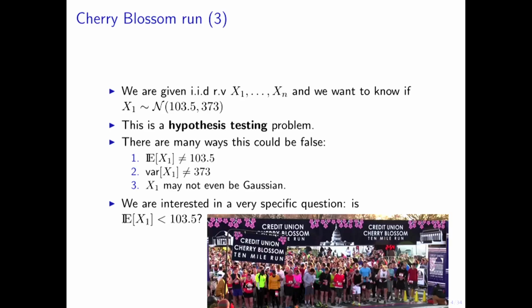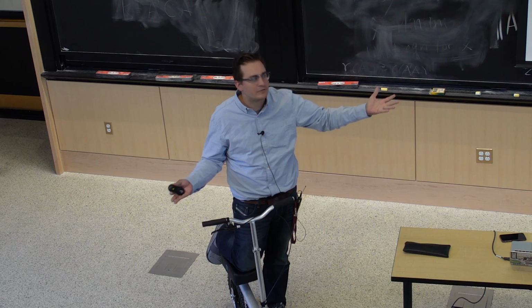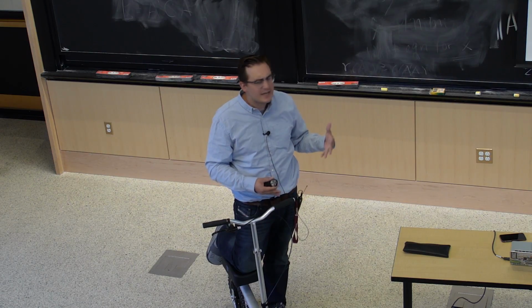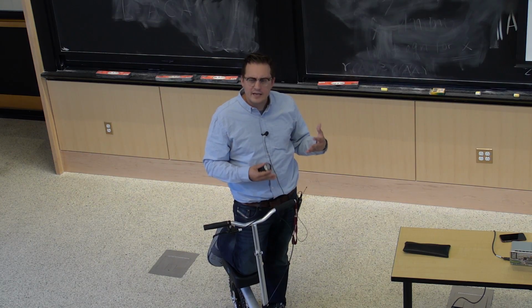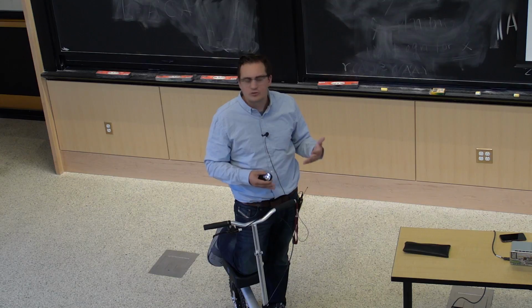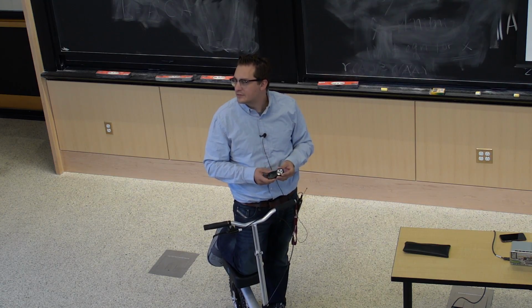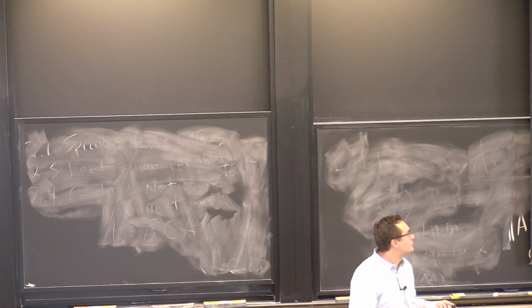The hypothesis in common English was: were runners running faster? Anybody can formulate this hypothesis. Now you go to a statistician and he says, oh, what you're really asking me is whether X1 has a Gaussian distribution with mean less than 103.5 and variance 373. That's really the question that you ask in statistical terms.